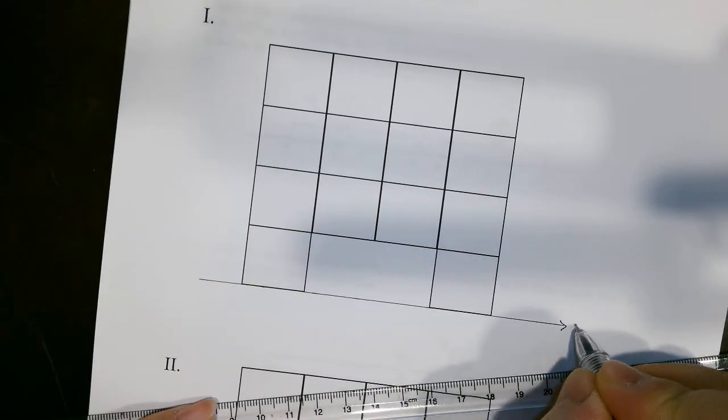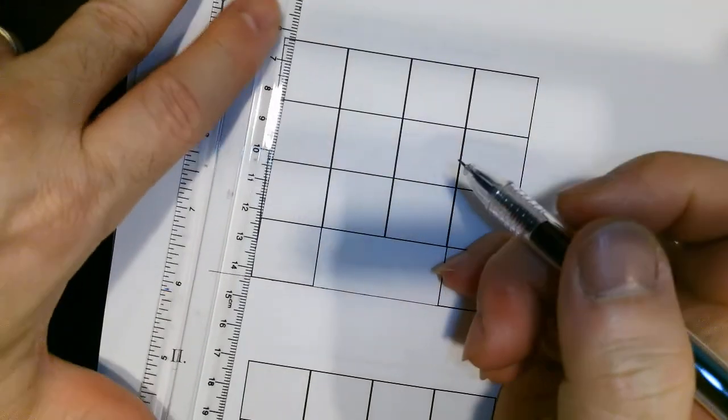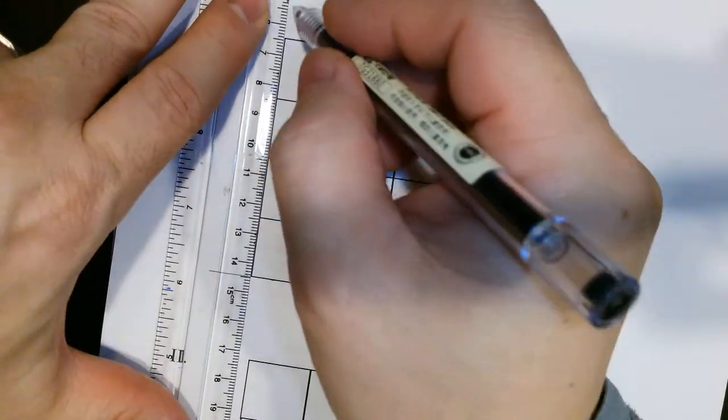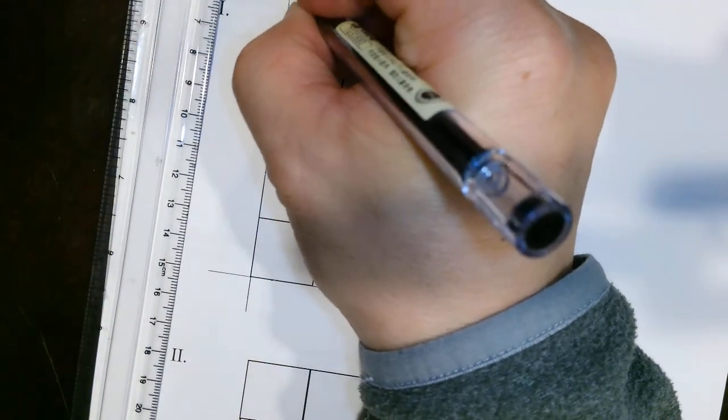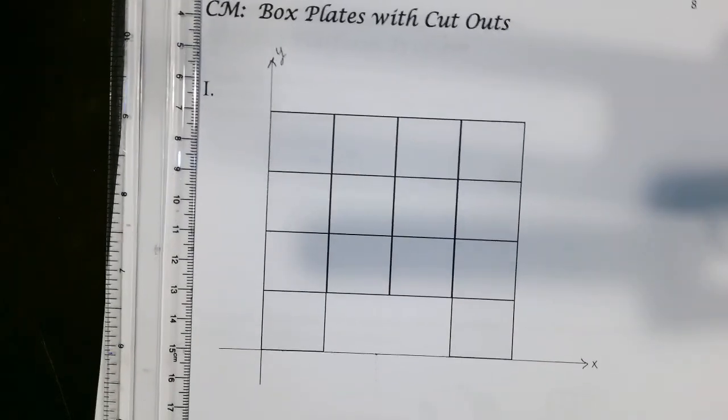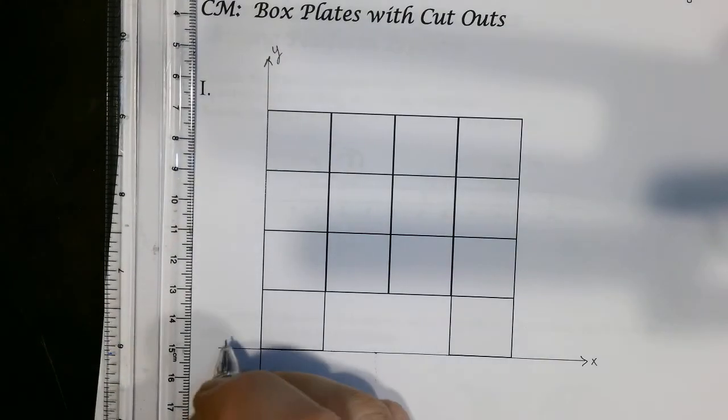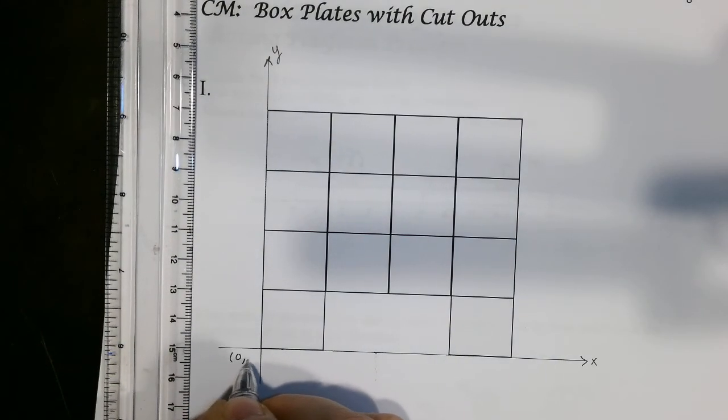So here is my x-axis, and here's my y-axis. This location here is, let's say, 0, comma 0 at this point.